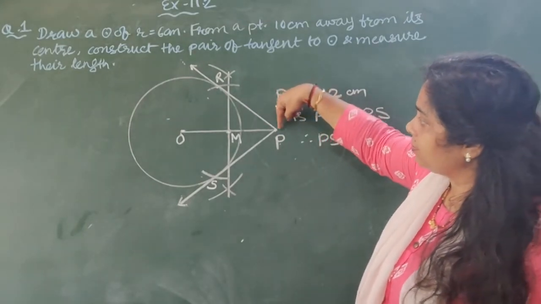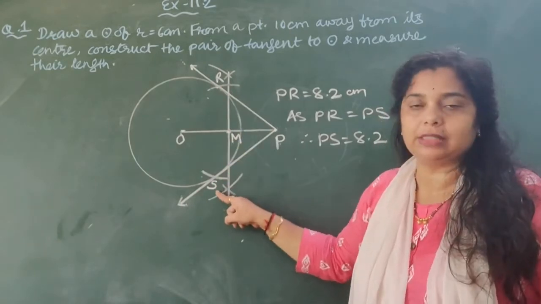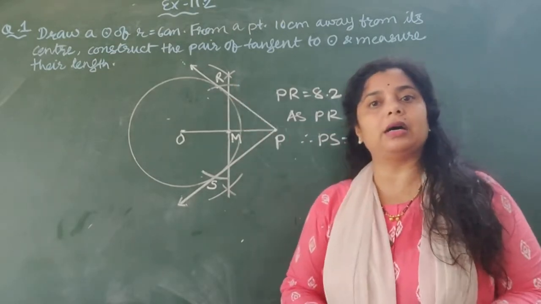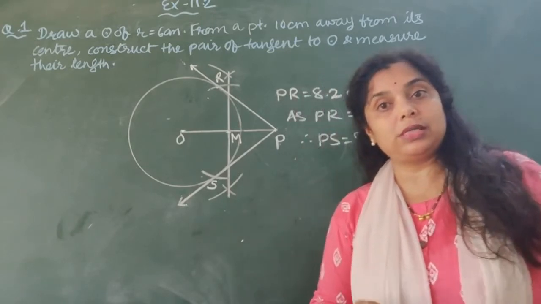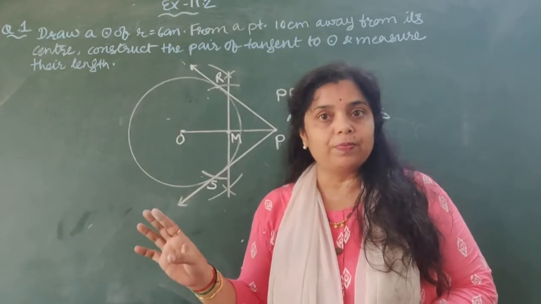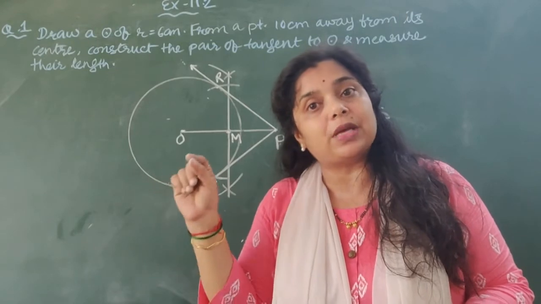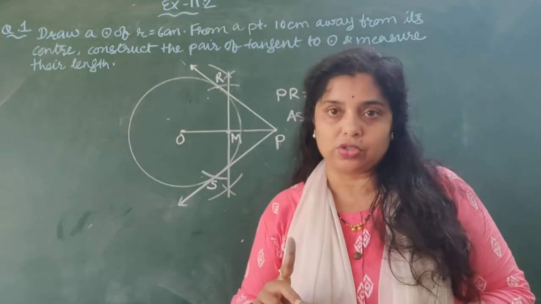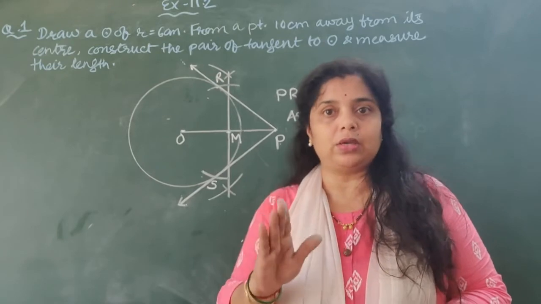Next, pass the line through the points of contact. Last, PS and PR are the required tangents. Next, I want to say that whatever steps are given in the textbook, it is not necessary that you write down those steps as they are. You can write the steps in your own words also. The steps must be in a sequence. This is the requirement.